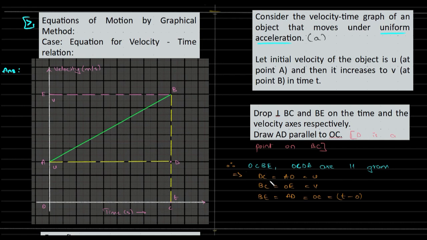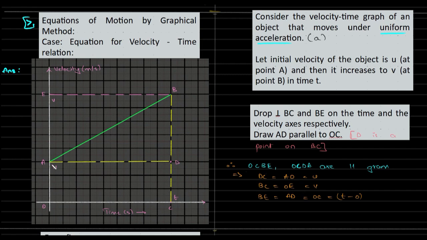And now we'll just tell OCDA and OCBE is a parallelogram. And so we have OC is equal to AD, not AO, sorry, this is AD, which is equal to U. Oh, no, that's correct. Yeah, it's correct, sorry.